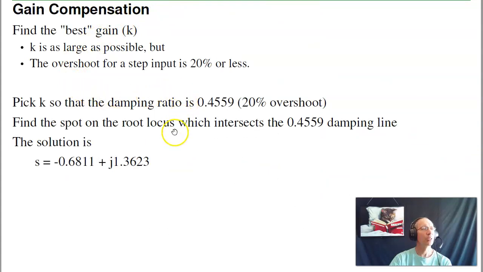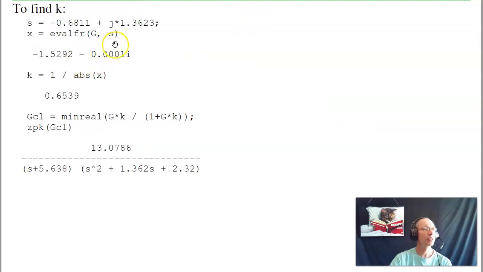So, if I know the angle of the pole, I search along that line until the angle is 180. Turns out this is the point on the root locus that has a damping ratio of 0.4559. At that point, find k. To do that, evaluate G of S at that point. That should be negative real.